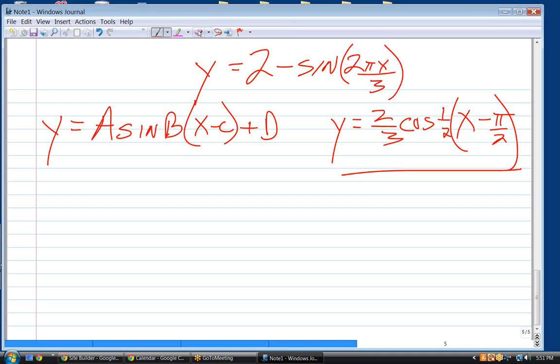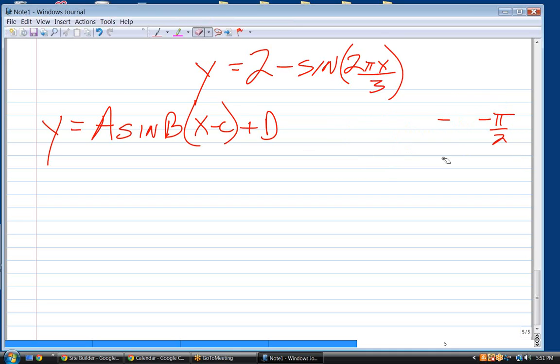Okay, let's rewrite that in standard format. So y equals negative sine of 2 pi x over 3 plus 2.